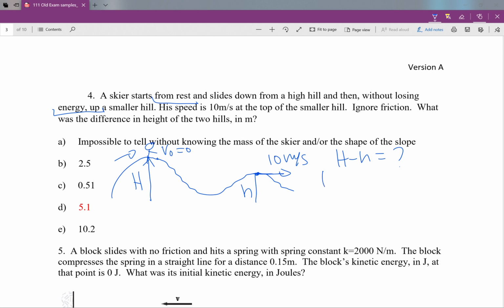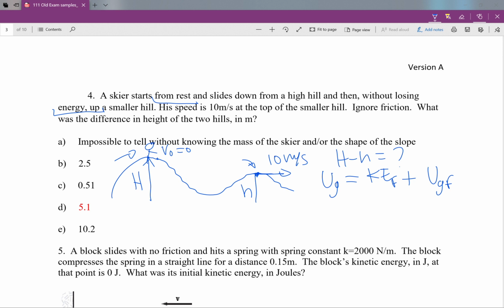So we say UG, gravitational potential energy, equals the final energy. If we're thinking about stopping at the top of this smaller hill, we have two types of energy. We're moving, and we also have potential energy. So we have kinetic and potential: kinetic energy final, plus gravitational potential energy final.